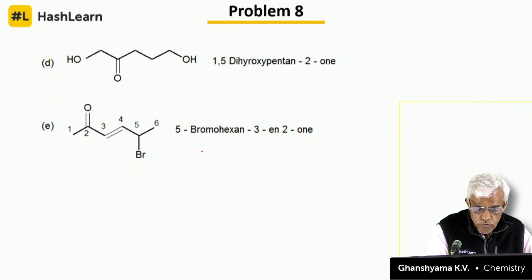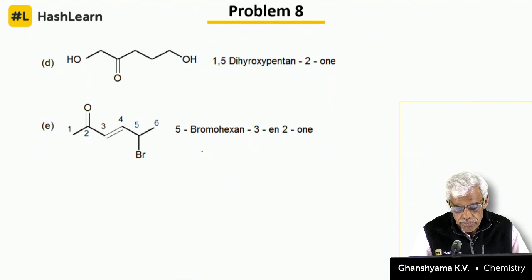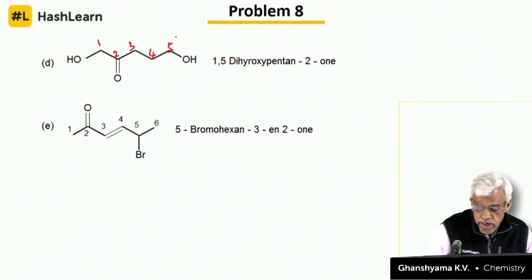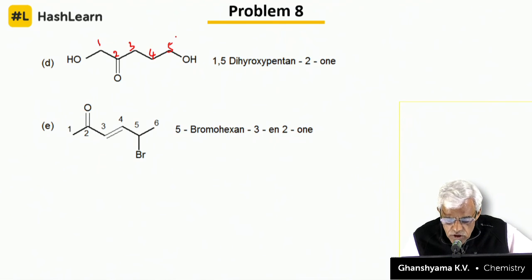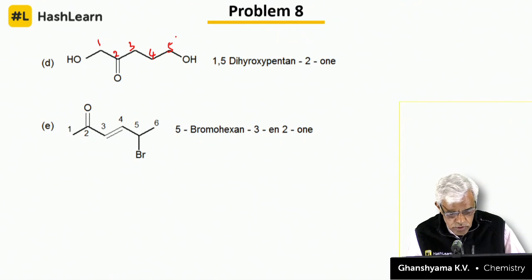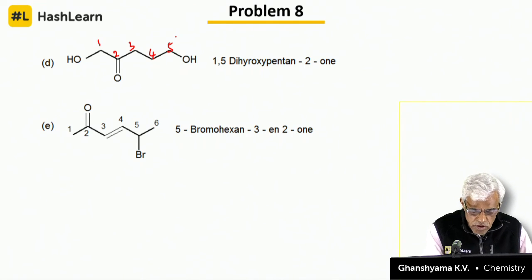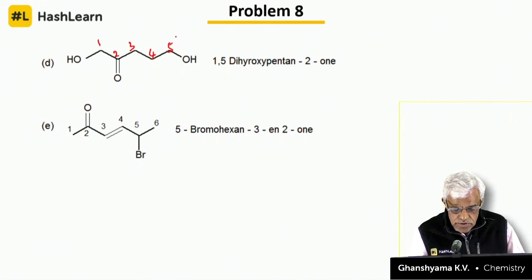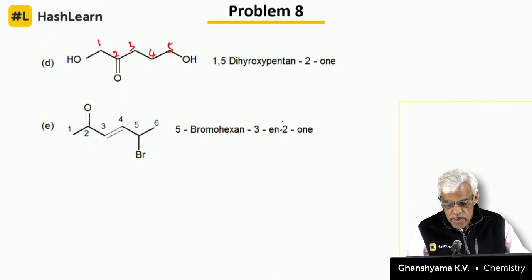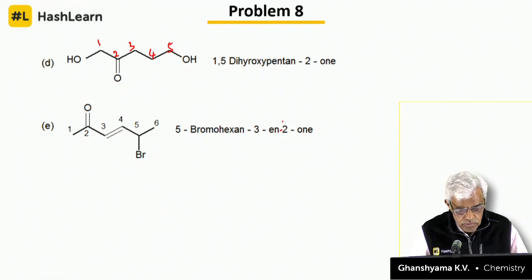Cyclopentane 1,2-dione. The name of this compound is 1,5-dihydroxy. So, 1, 2, 3, 4, 5: 1,5-dihydroxy pentan-2-one. So, this compound is 1, 2, 3, 4, 5, 6: 5-bromohexan-2-one.